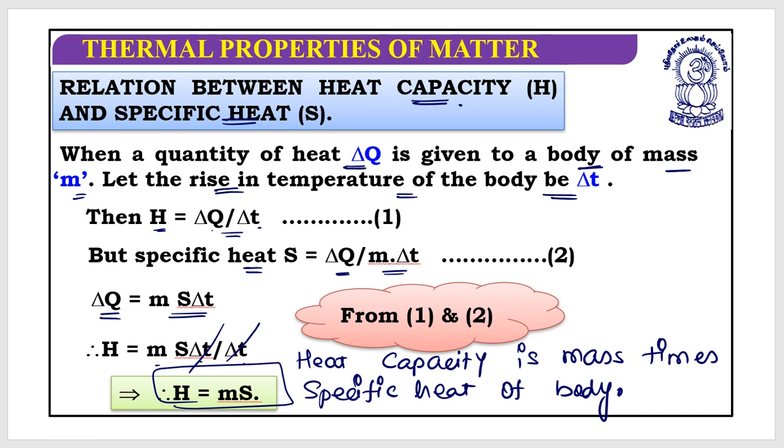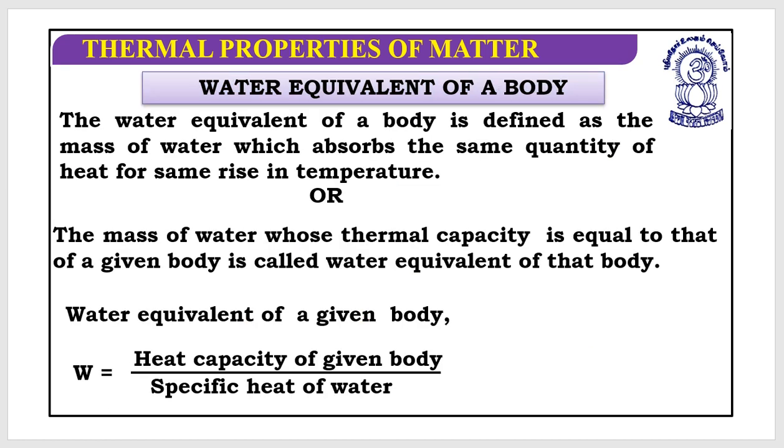Now let's move to one more quantity that is to be known to get an idea of calorimetry: the water equivalent of a body. The water equivalent of a body is defined as the mass of water which absorbs the same quantity of heat for the same rise in temperature.